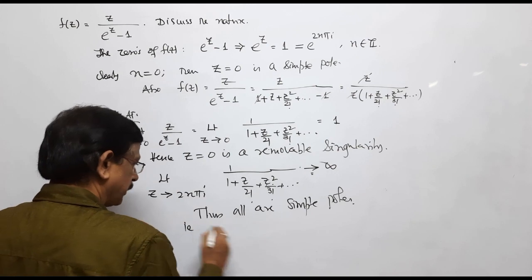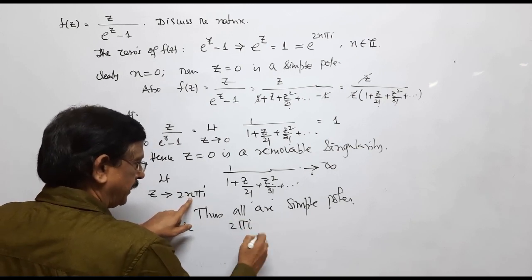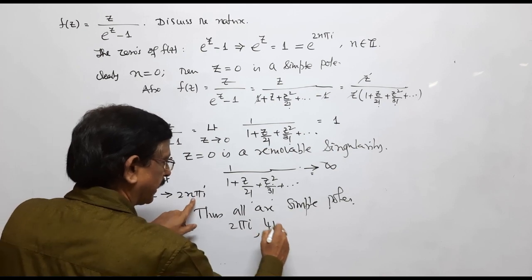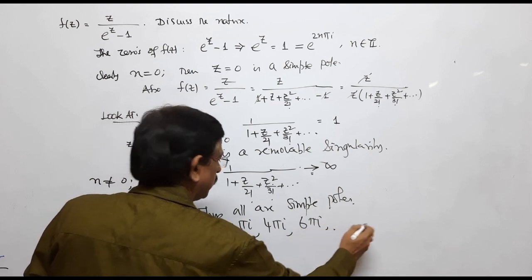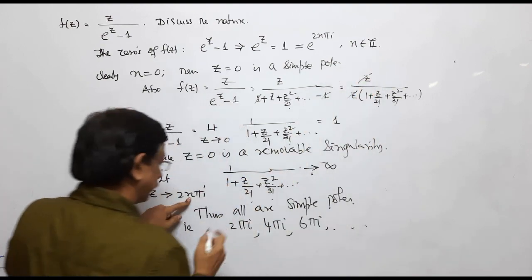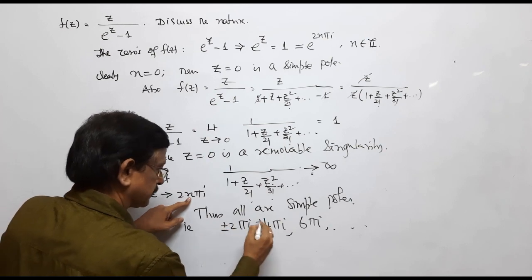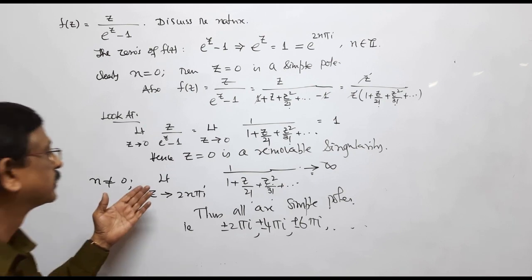That is, if I put n equal to 1, it's 2 pi i, n equal to 2, 4 pi i, n equal to 3, 6 pi i, and so on. But if n can also take negative integers, plus or minus, there are an infinite number of simple poles for this example.